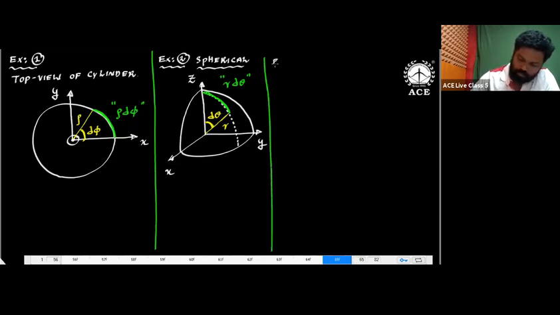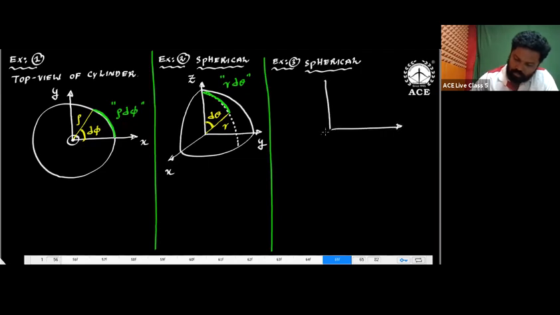Example number 3. This is also spherical. Here it is x, y, z, beta.